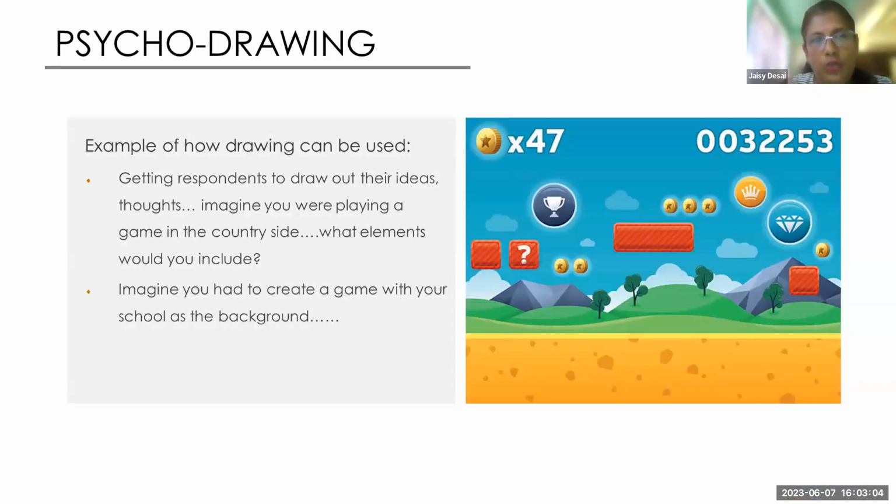Or we do psychodrawing, where you get respondents to draw out their ideas. So imagine you are playing a game in the countryside. What elements would you include? When you're looking at a broad-based study, where you're not just focused on the product, and you want to understand the entire context of the consumer, then you use psychodrawing where they will add different elements that are important in their lives.